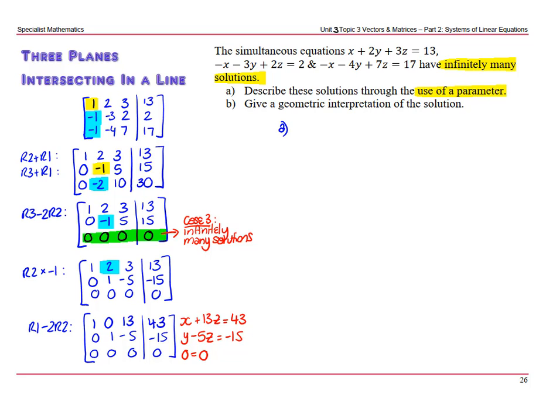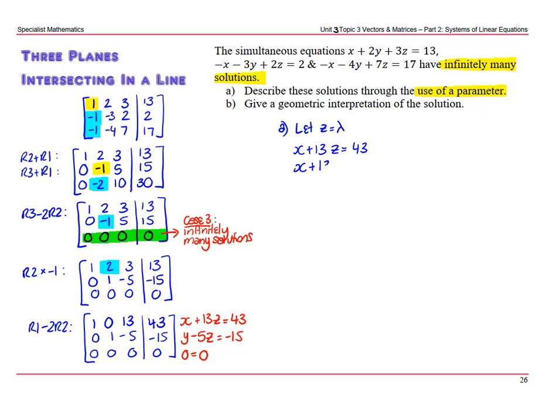So just like we did when we had two variables, we're going to let z equal lambda. And you'll see why I went a little bit further with my reducing. So my first equation, x plus 13z equals 43, I can replace the z with lambda.